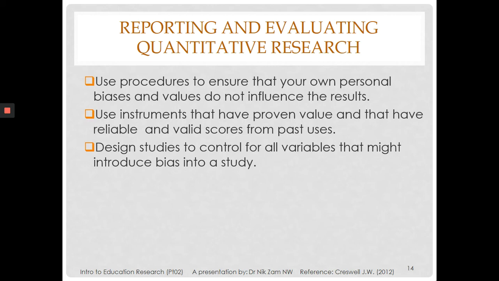And then kalau you biasa baca artikel, you will have in the article dia ada control variable. That control variable is a control that will take into consideration the element of biasness.